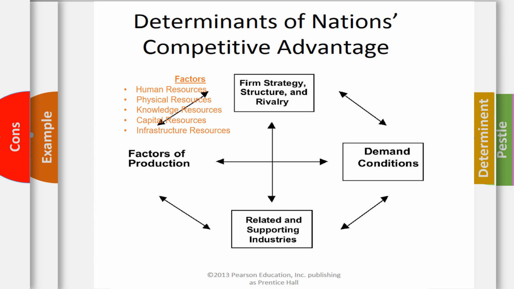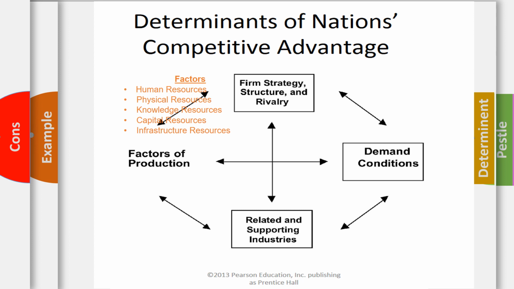The first determinant is the factor conditions, or factors of production. These refer to the different types of resources which may or may not be present in a nation, and these include things like human resources, physical resources, knowledge-based capital investment, and infrastructure. Porter breaks down the factor conditions into two types: basic factor conditions such as natural resources and unskilled labor, and advanced factor conditions such as skilled labor and specialized capital.